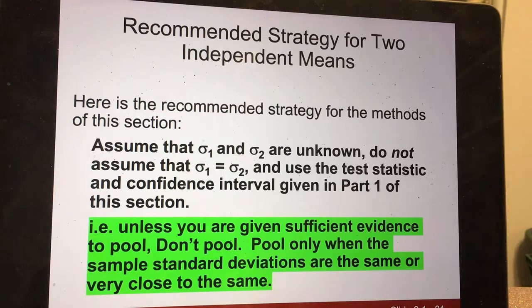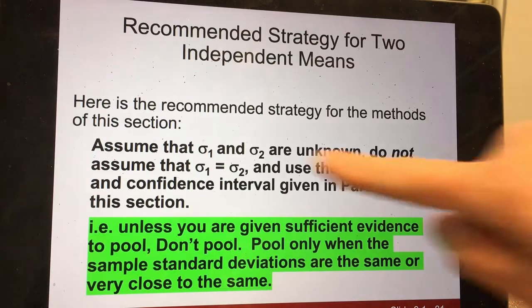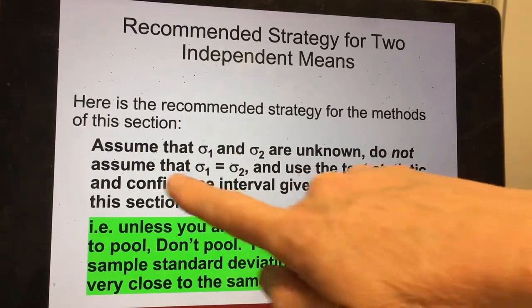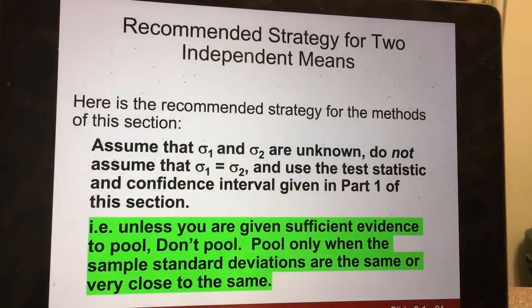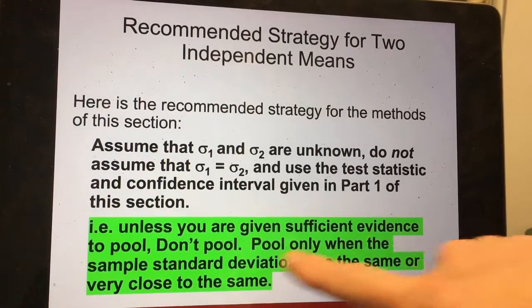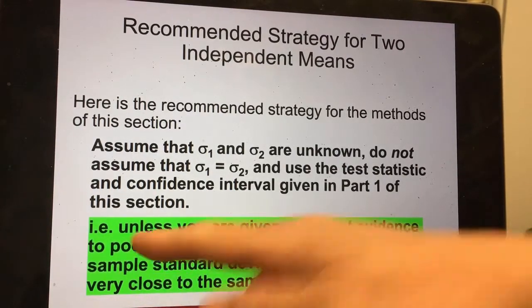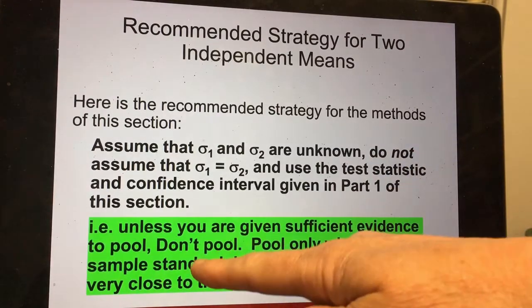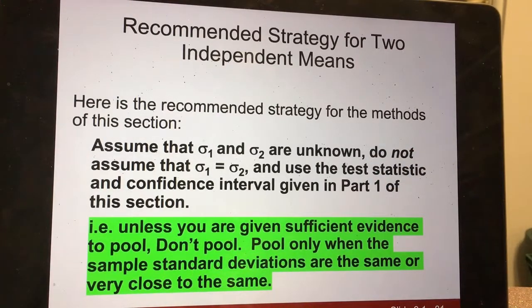But anytime you're approaching a problem, you're going to assume that you do not know your sigmas. You're going to assume that the two sigmas are not equal to each other, and you're going to use the t-test. So unless you are given sufficient evidence that your two sigmas are the same, don't pool. Pool only when they tell you that your two sigmas are the same.